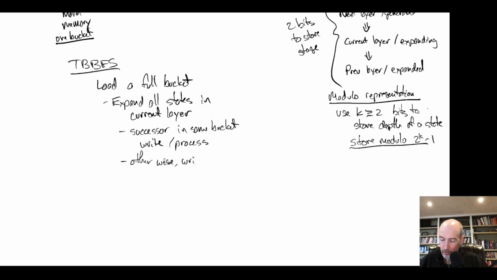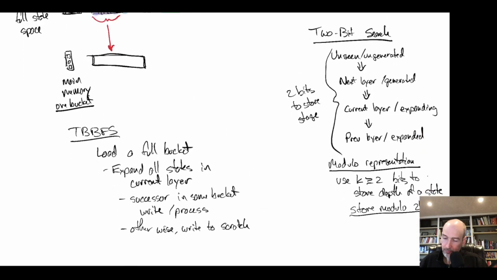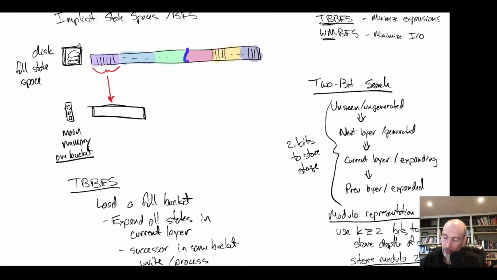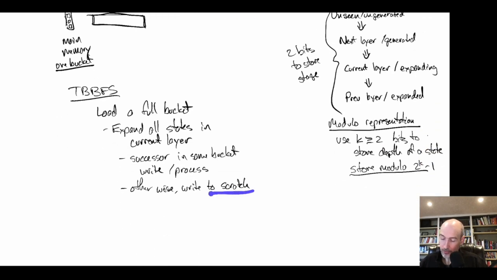we're going to write to scratch. That is, with every single bucket that we have up here, associated with that bucket is going to be another disk file here, which is all the states which are inside this bucket, but have yet to be processed yet. Okay, so we have the scratch file here, a temporary file.